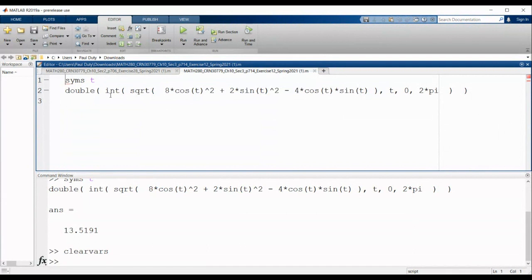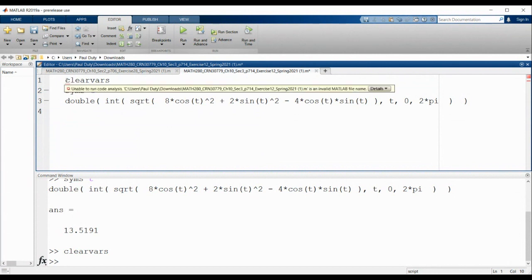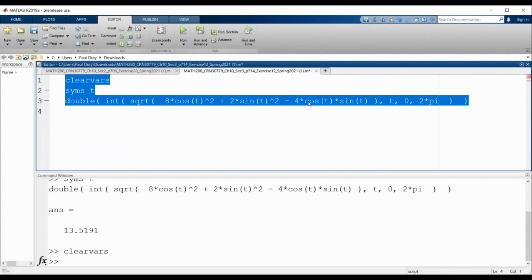Because when you work a lot in MATLAB, every time you create a variable or a value for a variable, it stores in a workspace. Sometimes you inadvertently think you have a variable you haven't defined, but it's been defined before by the same letter, and then it causes confusion. So I'm going to use clear variables.